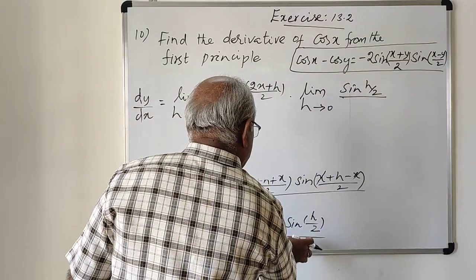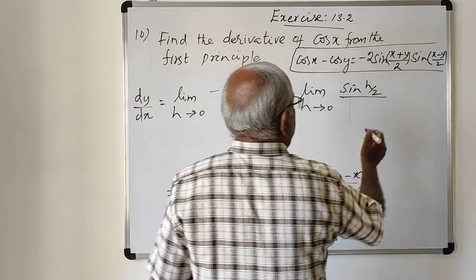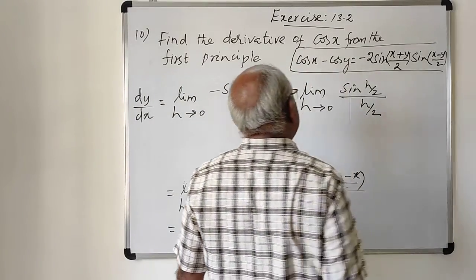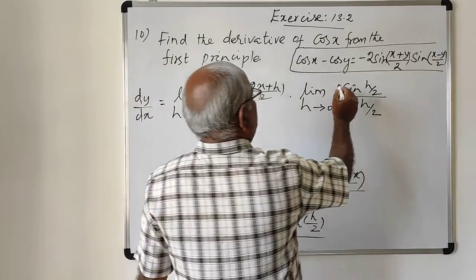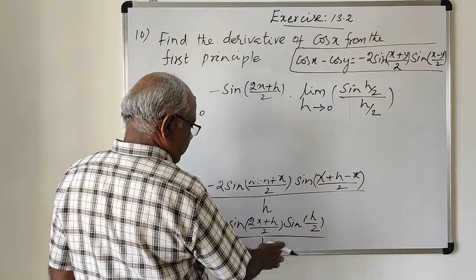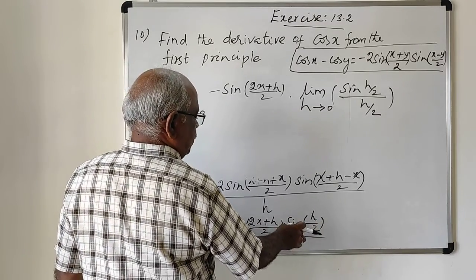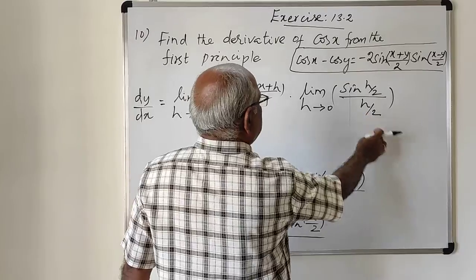You bring the numerator 2 to the denominator, that is h by 2, and consider it as a separate limit h tends to 0, sin h by 2 by h by 2.